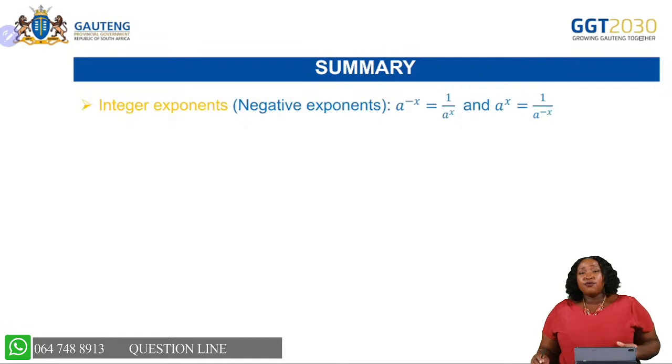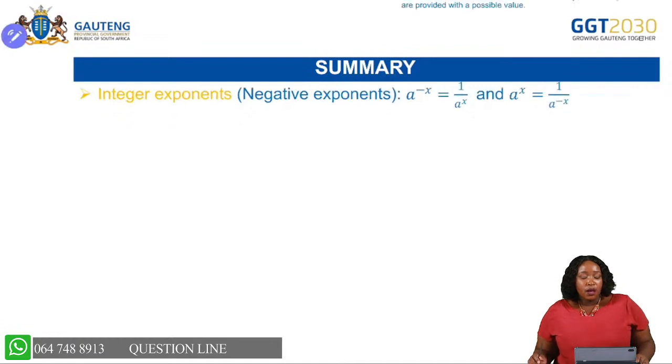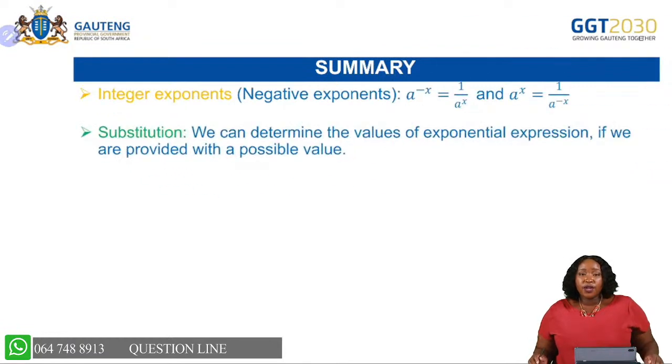This will be helpful if you're asked to solve some questions, especially in algebra, okay? All right, and don't forget with substitution, you need to make sure you substitute using your brackets, okay? This will help you to calculate the correct values. The reason you also need those brackets is so that when you're raising the value to the exponent, you're raising the whole value, including the negative sign if it has a sign.